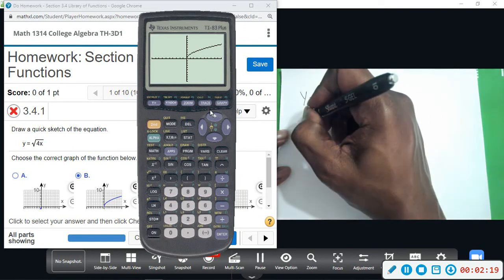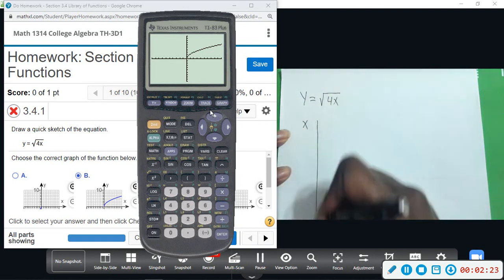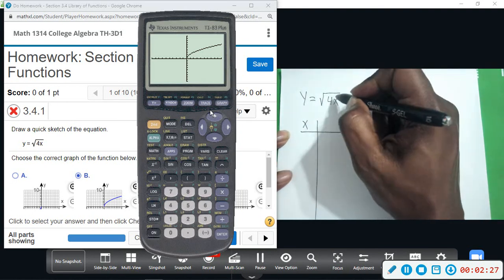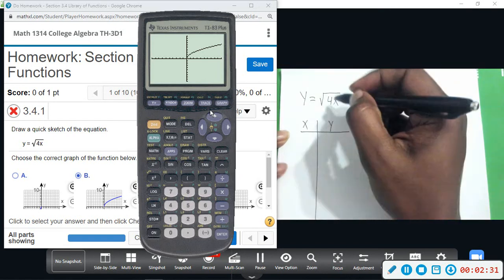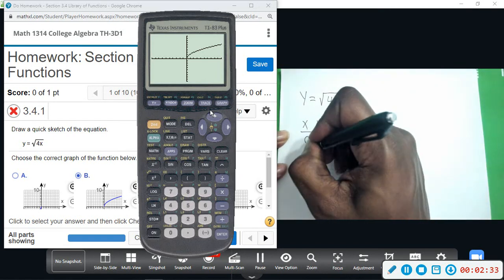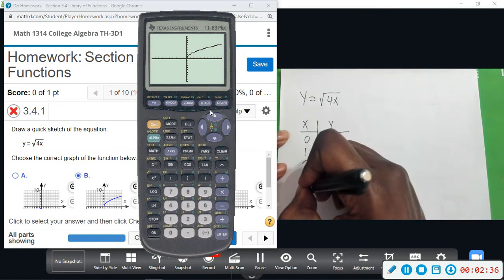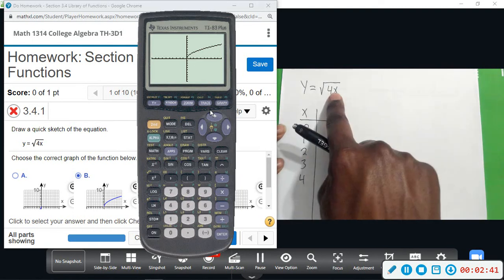So we're going to pick values for x. Usually I would pick a couple negative and a couple positive, but I know square root cannot be negative. But you get to pick the x value. So I'm going to pick 0, 1, 2, 3, and 4. I'm going to plug a 0 here.